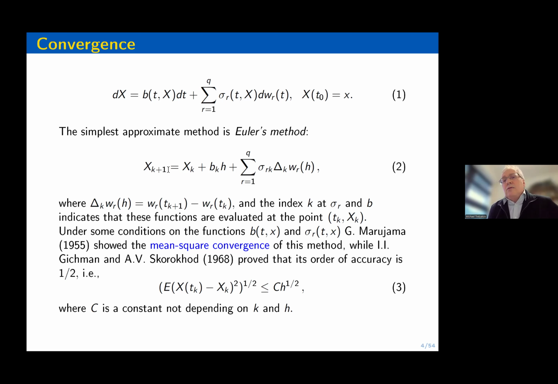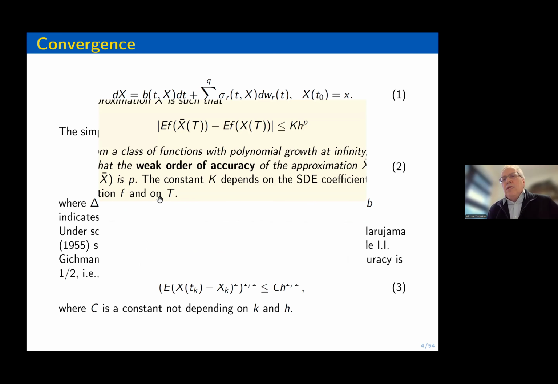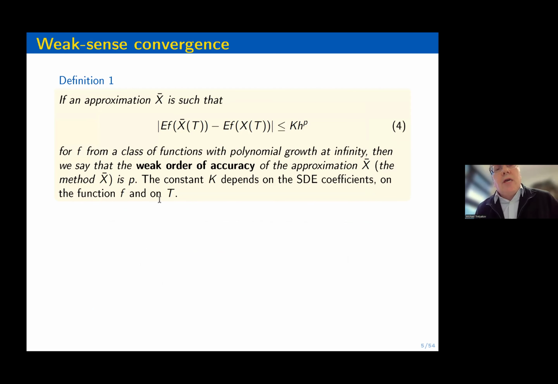In practice, we usually need to compute expectations. If you think of statistical applications in molecular dynamics and finance and so on, we would like to compute expectations. And for that reason, we can require less from numerical methods. We can require that the expectation of some function of our approximate solution is close to the corresponding exact expectation. And we arrive at the notion of weak sense convergence, and p is the order of that convergence.